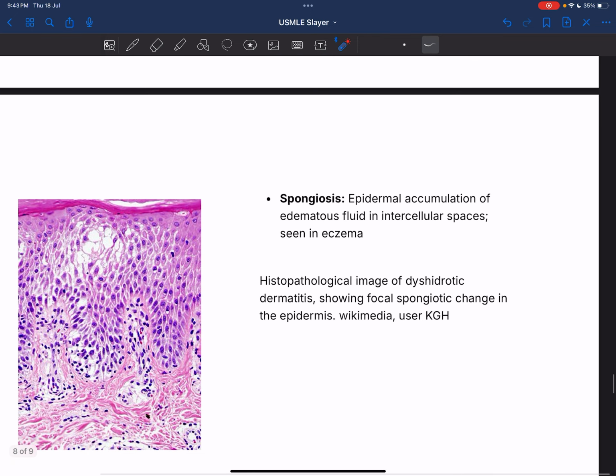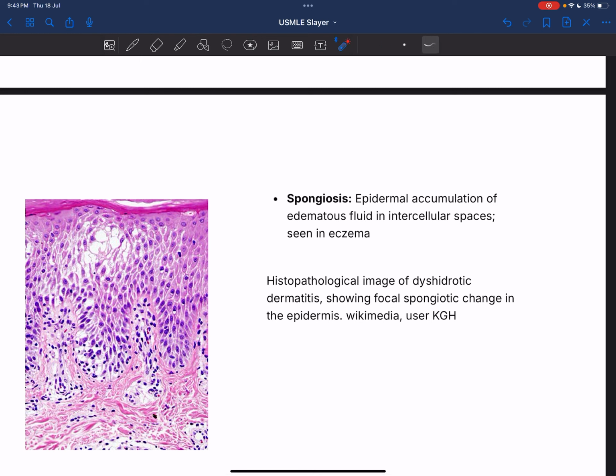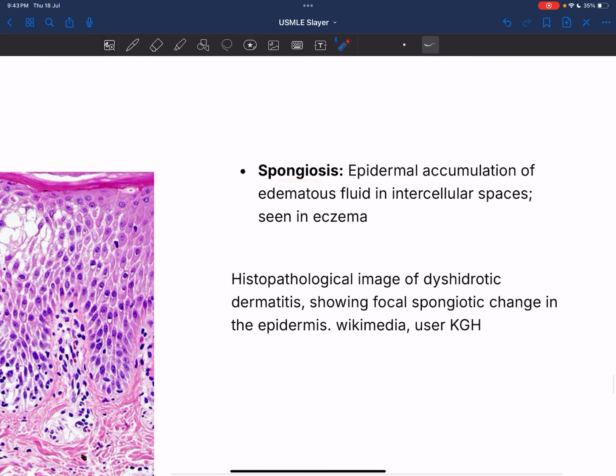Okay, so finally we got to the spinosum layer. As you already said, let's get sunburnt, and we're right now in the S. For the spinosum layer, we actually have two pathologies. The first one is called spongiosis, and the other one is called acanthosis. Spongiosis is basically an accumulation of edematous fluid in intracellular spaces and is seen in eczema.